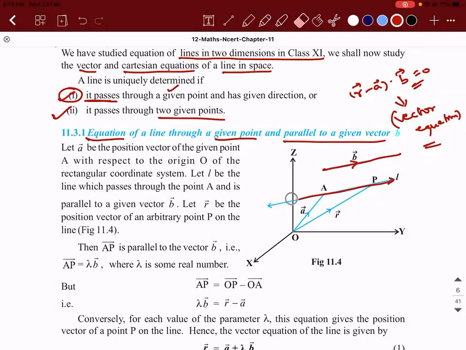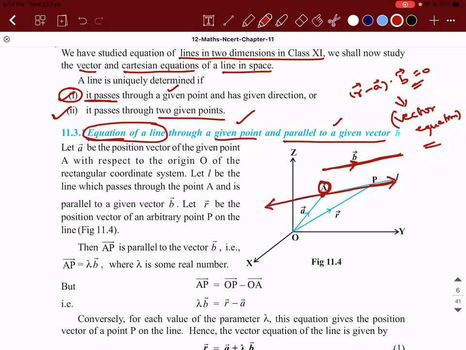But if you look at the basic thing, I'm asked to write the equation of a line. The line is this thing. I will be able to write the equation of this line, provided I know one of the points on the line, and that point is A. So through a given point A, and parallel to given vector B means, remember, when you talk about parallel in the case of vectors, more than the concept of intersection, we are concerned about the proportional values.